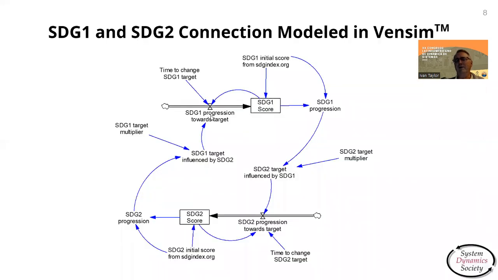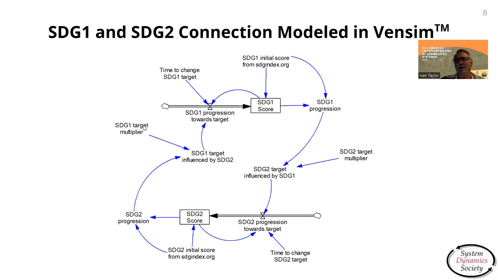Then we converted this to a stock and flow diagram that uses a goal gap approach. And here each of the SDGs is modeled as a stock, and the value goes between 0 and 100. And then there's a closing of the gap between a target and the current value based on a time to change the target.